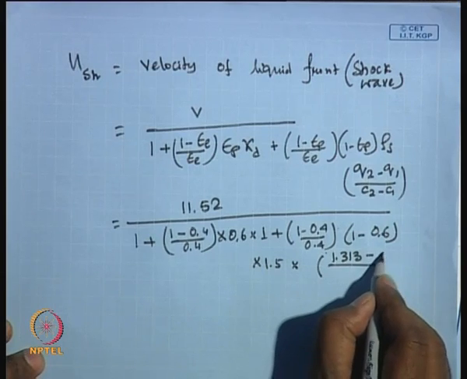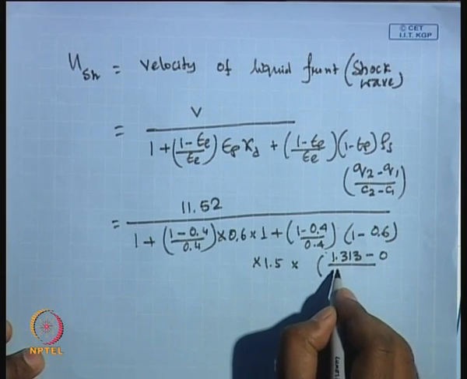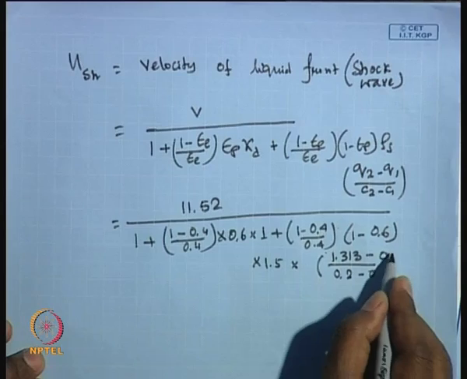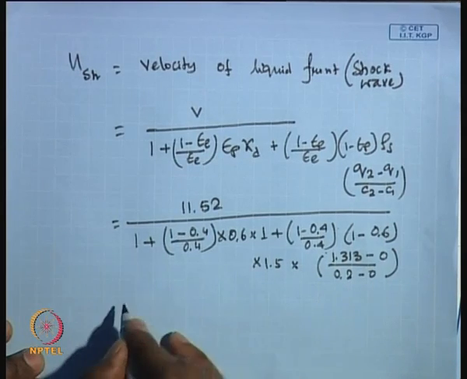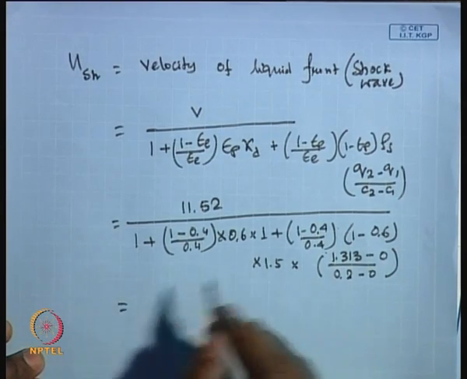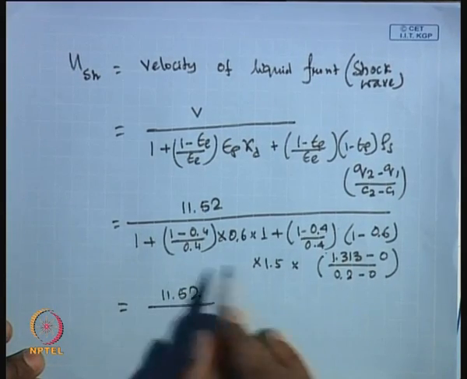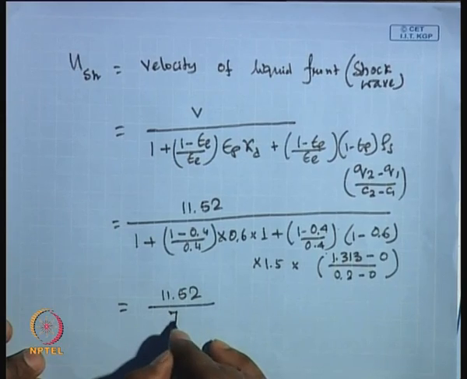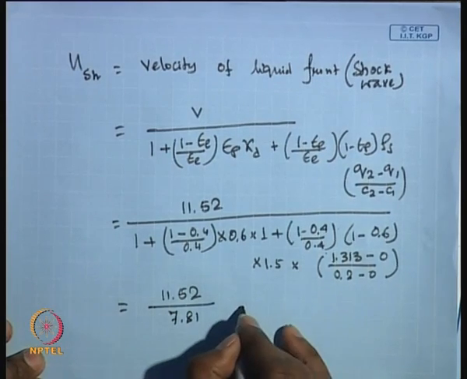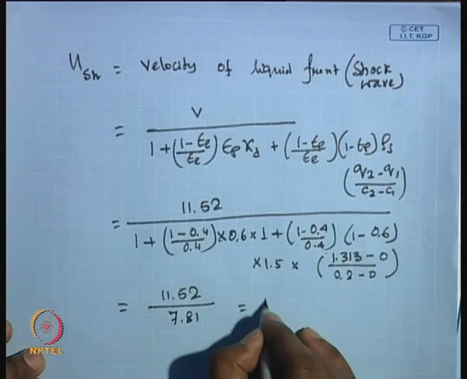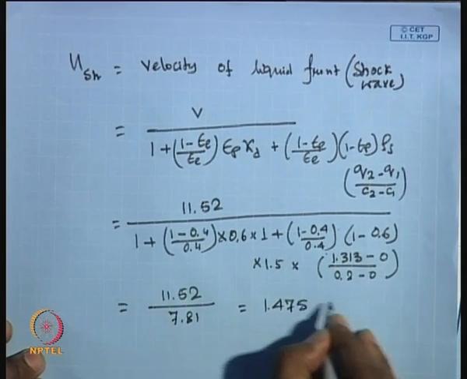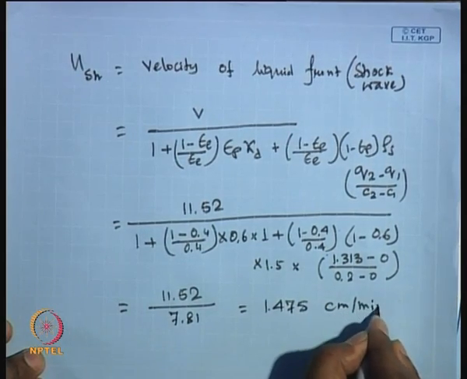So Q1 will be 0, and C2 is 0.2 molar, and initially there was nothing in the column. If you simplify the denominator, it turns out to be 7.81, and the velocity turns out to be 1.475 centimeter per minute.